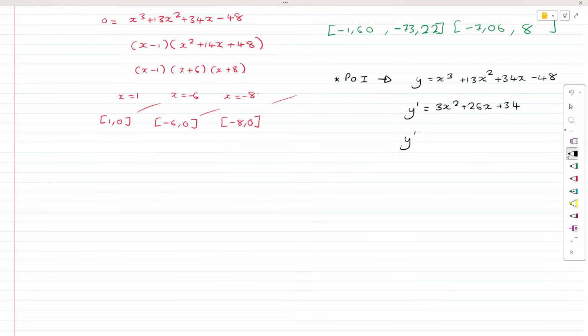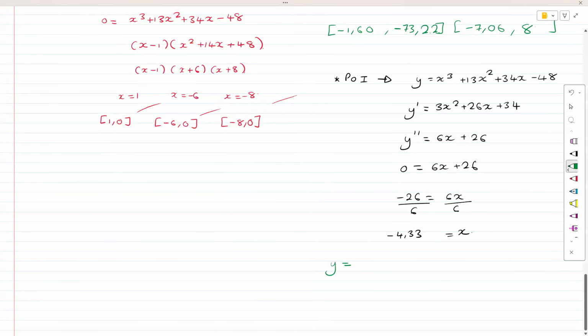The next one is 6x plus 26. If I let this equal to 0, minus 26 equals 6x, divide by 6, and x equals minus 26 divided by 6, which is minus 4.33.